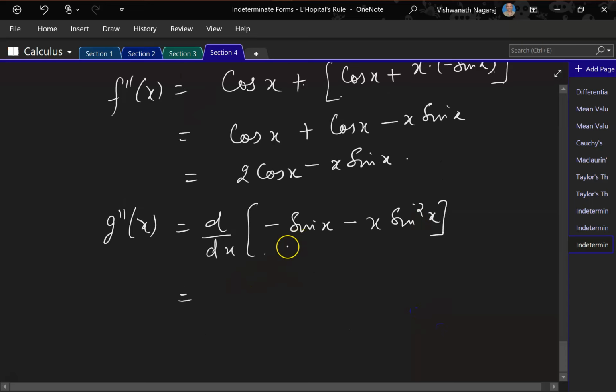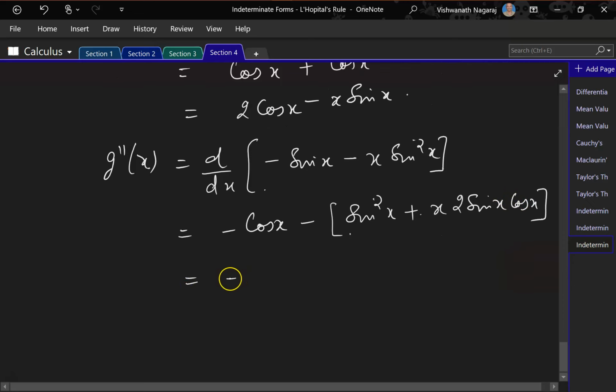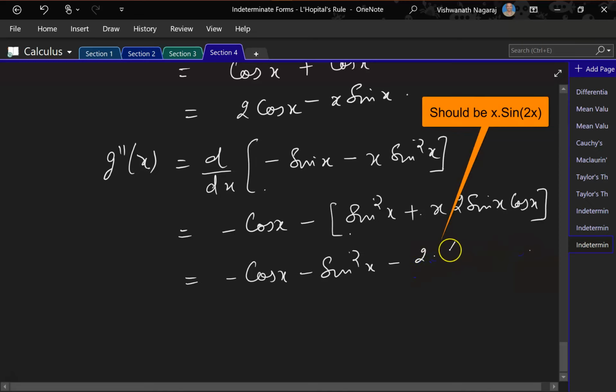So when we differentiate it, sin x becomes cos x, minus, and here we have to apply the product rule, sine square x plus x times 2 sine x cos x, minus cos x minus sine square x minus 2x sin x cos x, or what we can do is we can say sin 2x.